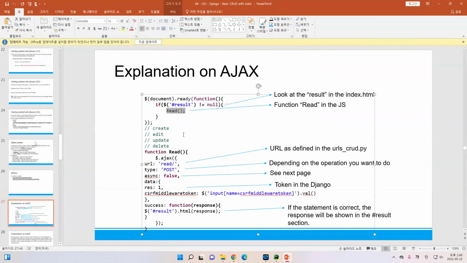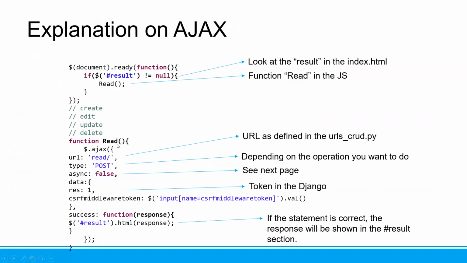And then what is read? Again, you can see the $ sign. This $ sign means this is jQuery. I would like to run $.ajax, which is asynchronous JavaScript. And then I will put all the possible functions.